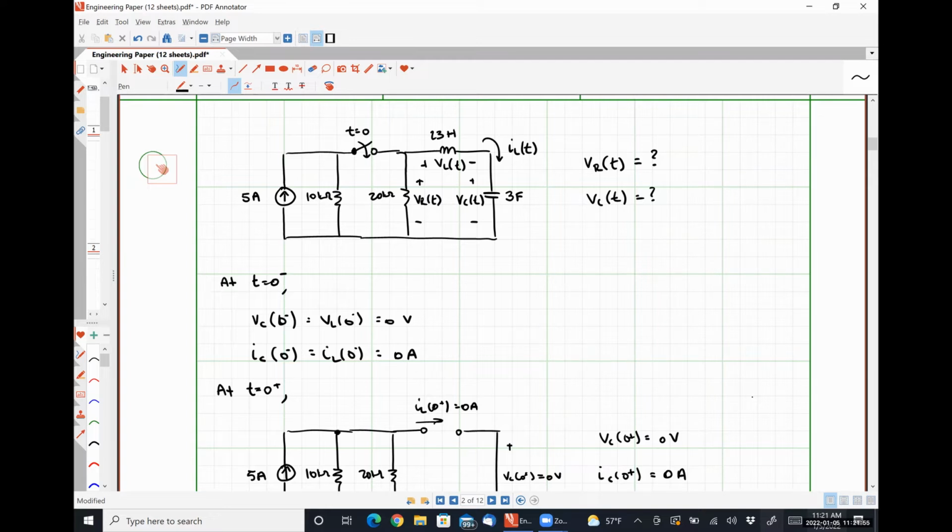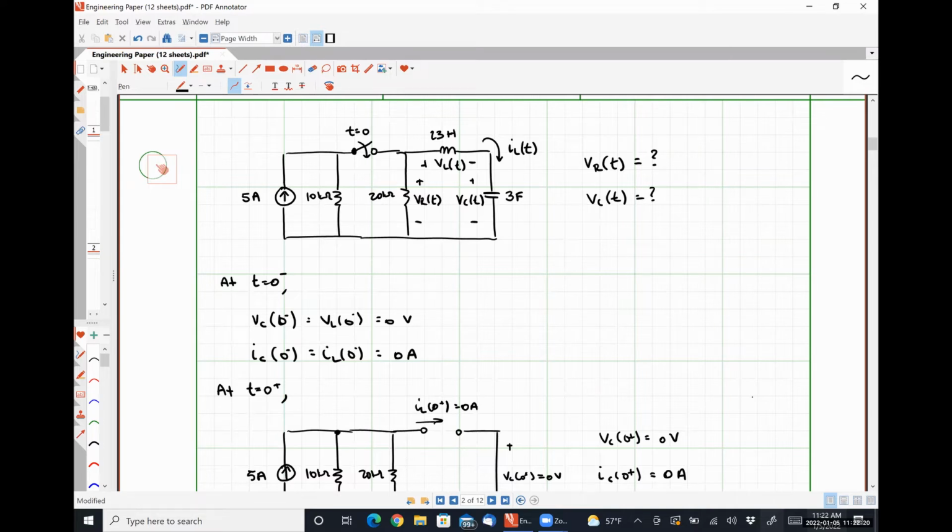IC would also happen to be 0. And then VR and IR, regardless of which way we define their polarities and directions, would also need to be 0, okay? So we know definitively that the capacitor voltage at t equals 0 minus is 0 volts, and the inductor current at t equals 0 minus is 0 amps.